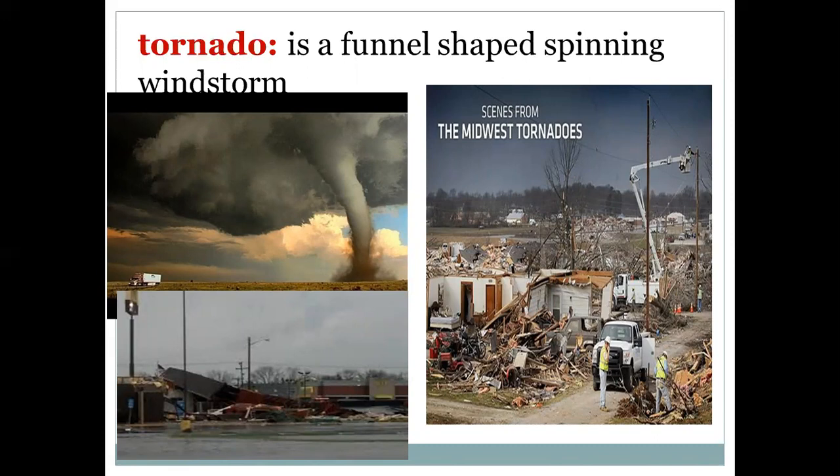Look at this. They can destroy buildings, uproot trees, and even hurl vehicles. These violent storms occur around the world, but the United States is a major hotspot with about 1,000 tornadoes every year. Could you imagine that? I can't.